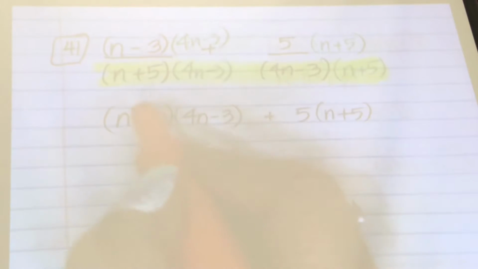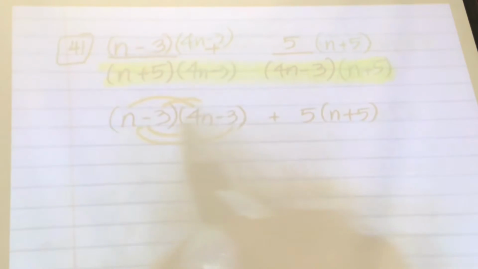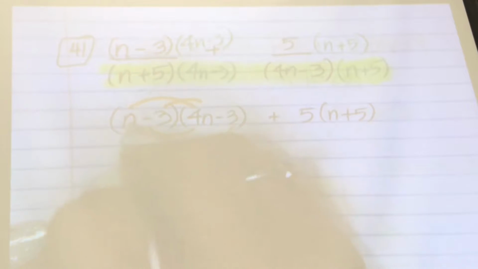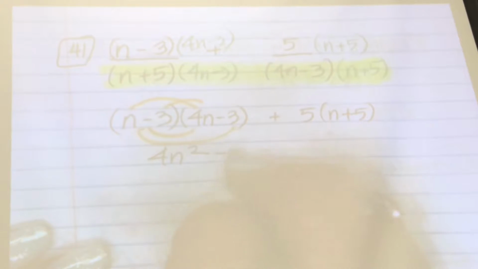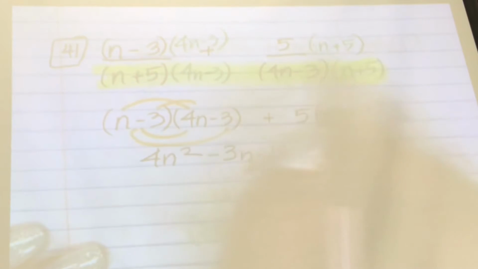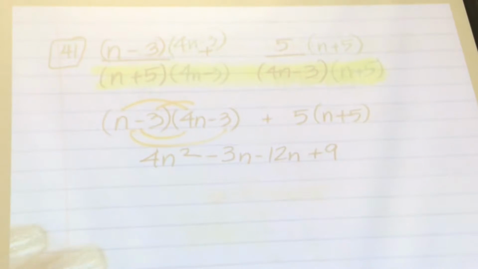Basically going to FOIL this out, everybody times everybody. n times 4n, that's 4n squared. n times negative 3, that's negative 3n. Negative 3 times 4n, that's negative 12n. And then negative 3 times negative 3 is a positive 9. Just got to make sure I know how to FOIL, and I FOIL correctly.